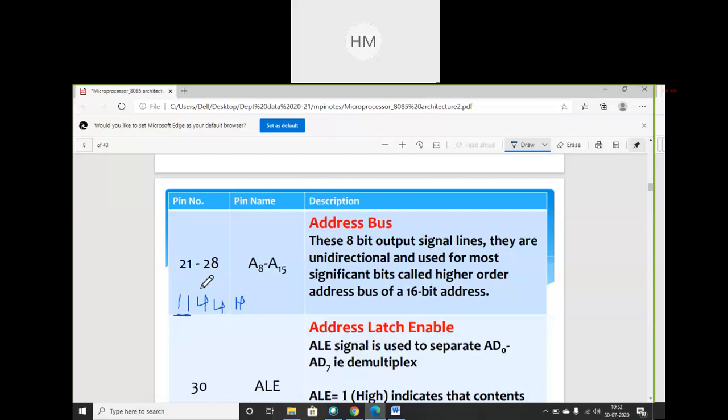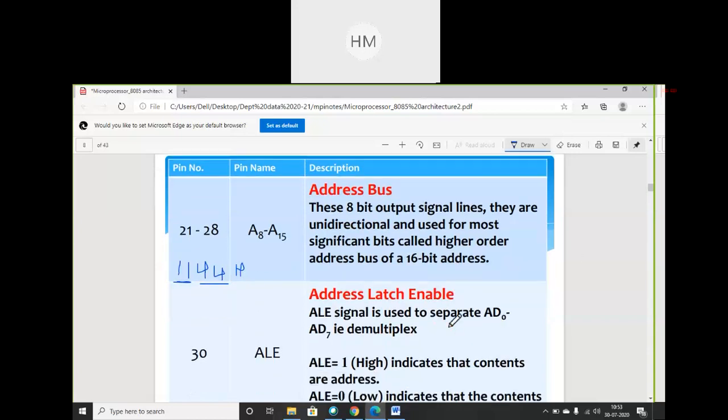So all these bits will be the output signal lines generated and they are unidirectional. So these 1 1 bits will be present at the A8 to A15 lines. And these bits are known as the most significant bits. Clear? And 4 4 hex will be the LSBs which will be transferred through the AD7 to AD0 lines. Okay?